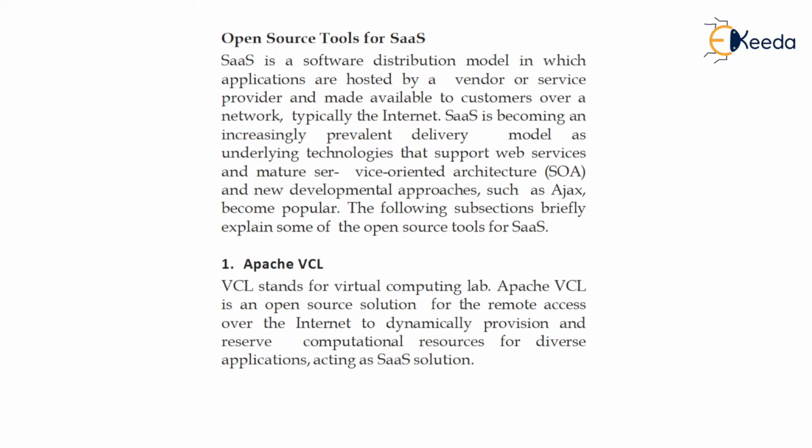Then the third component of Apache VCL is the management node. This is the processing engine. A management node controls a subset of VCL resources, which may be physical blade servers, traditional rack servers, or virtual machines.